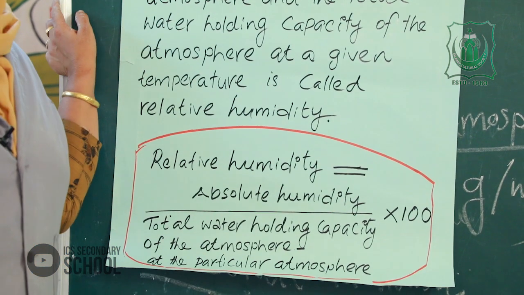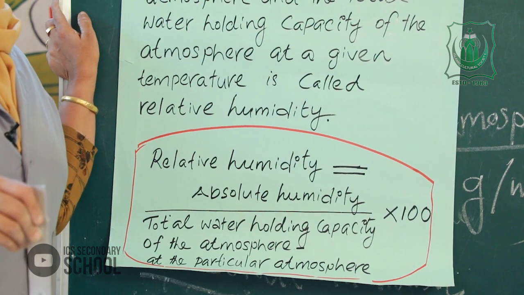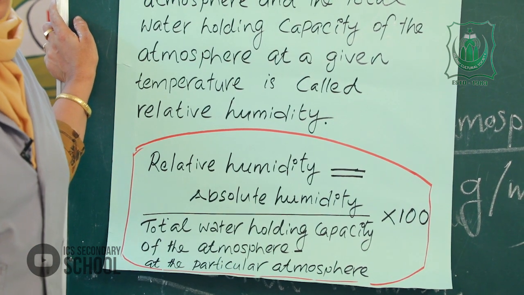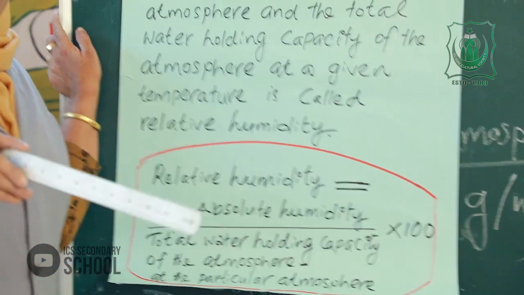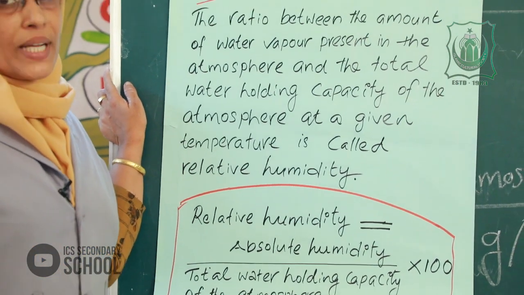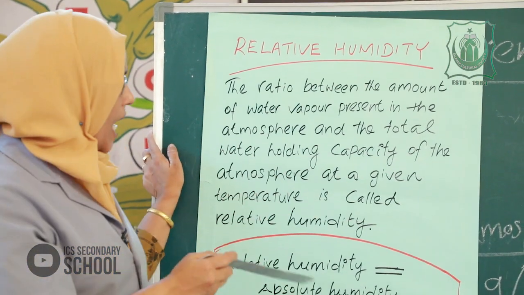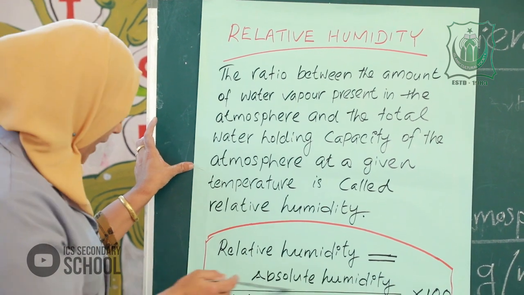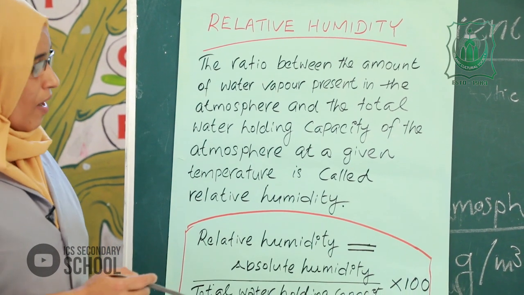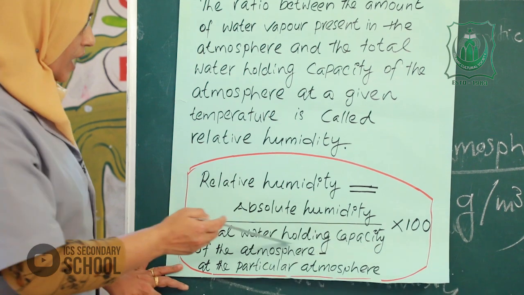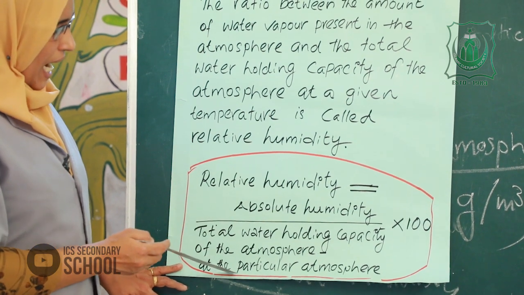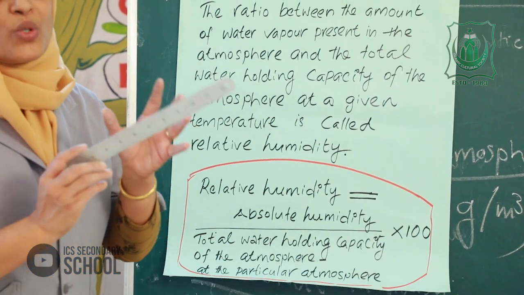What means absolute humidity? The actual amount of water present in the atmosphere.